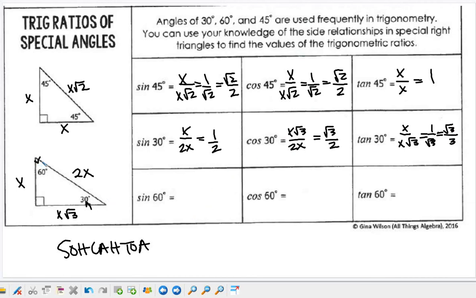So 60: sine is opposite over hypotenuse, so x square root of 3 over 2x, which is square root of 3 over 2. Cosine is adjacent over hypotenuse, which is 1/2. Notice these values flip-flop. And then tangent is opposite over adjacent, which is square root of 3.